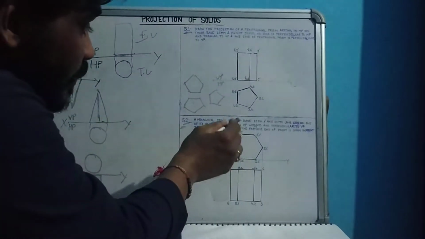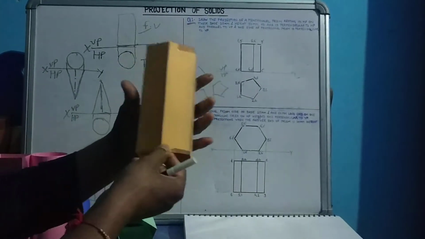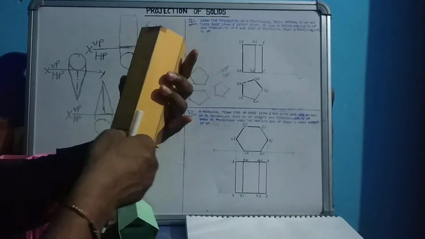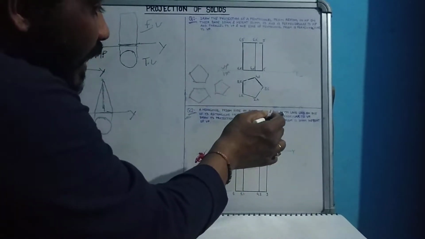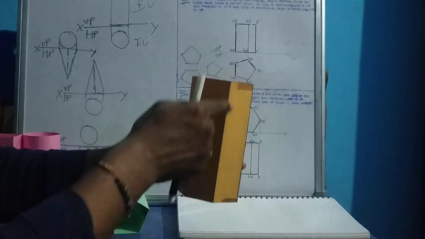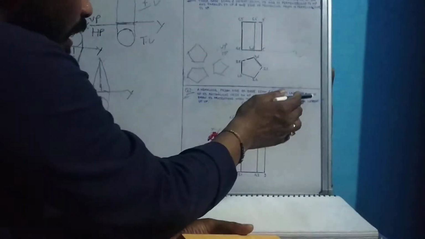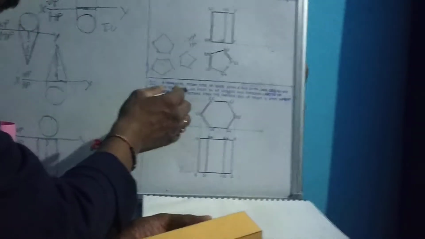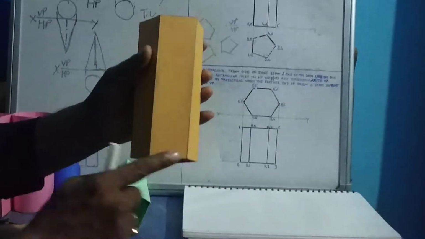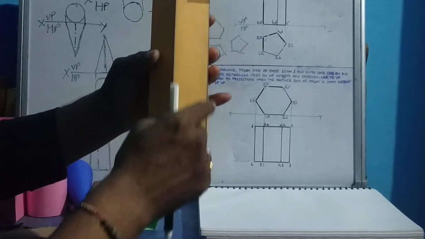Side of base 25 mm, this side 25, 25, 25, and axis 60 mm long, this height is 60 mm. It lies on one of its rectangular faces. These are its rectangular faces.